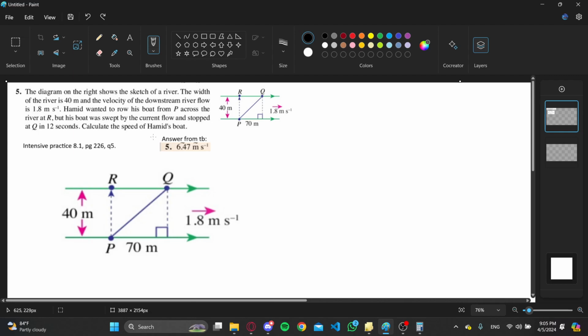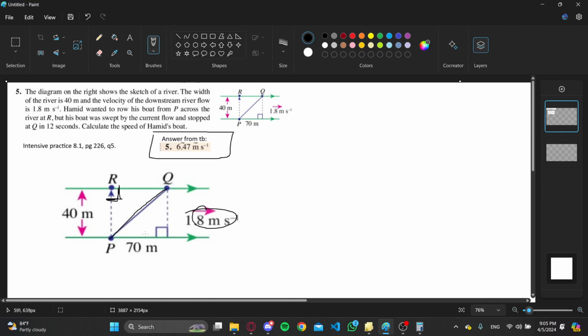Actually, let me reinforce my point as to why this can't be 6.47 meters per second in this 90-degree direction, because Hamid travels this much, P to Q, with the help of the river and his own boat speed.